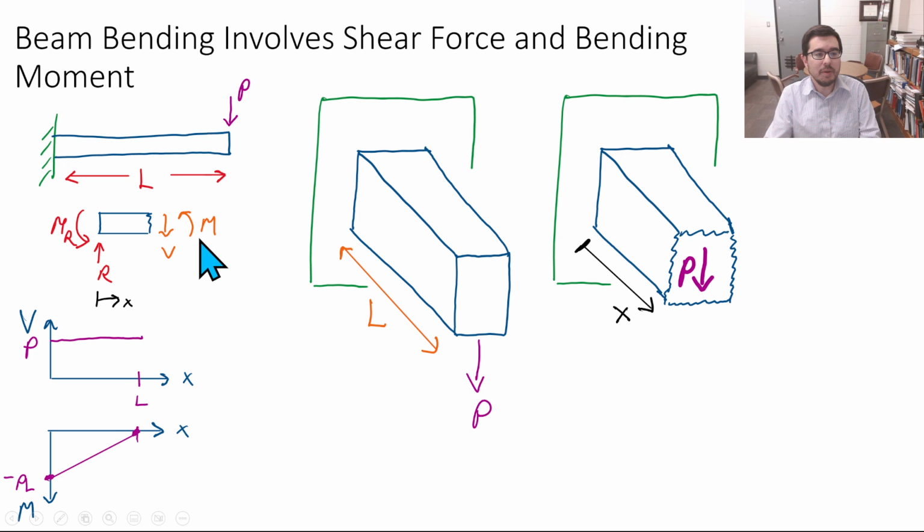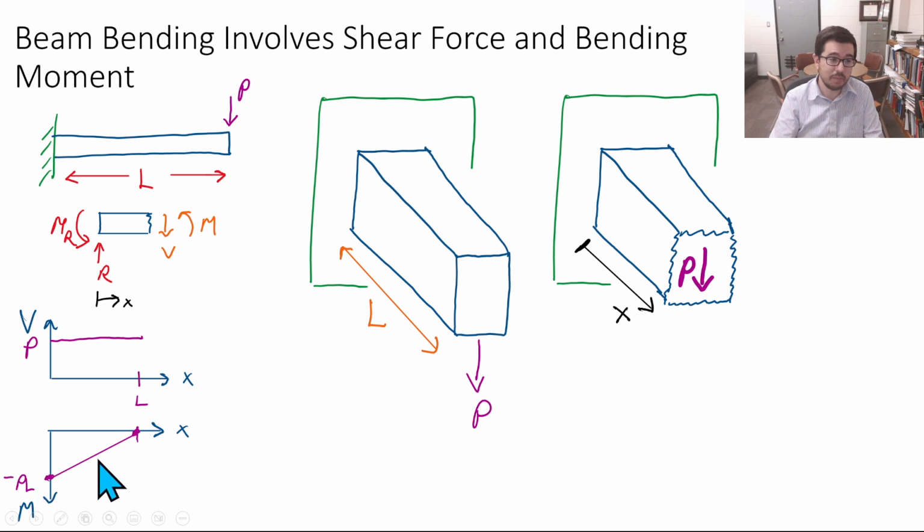And what about M? M is a little bit interesting, because M would be going like this, kind of curling up, but it's always negative. If we were at the wall, it would be minus PL.